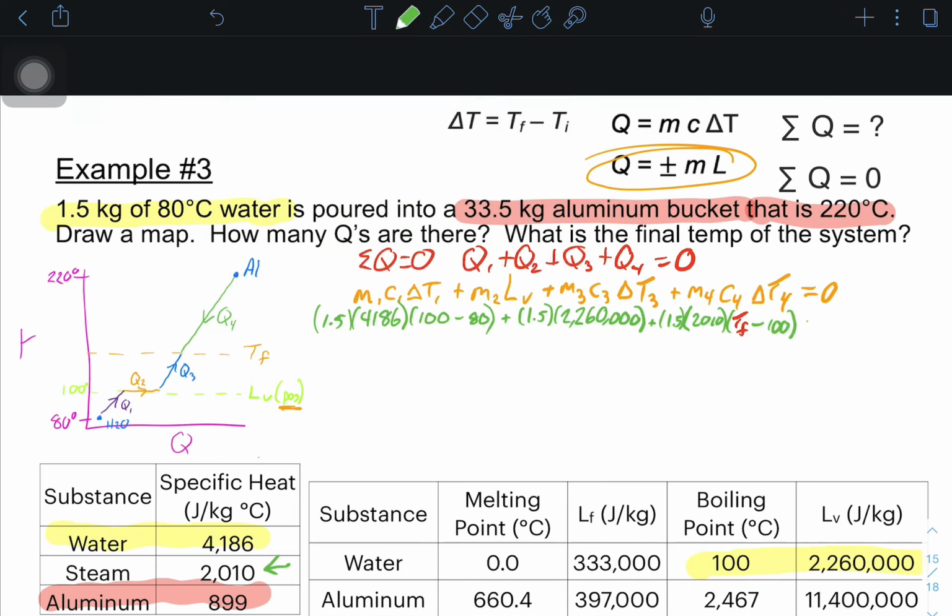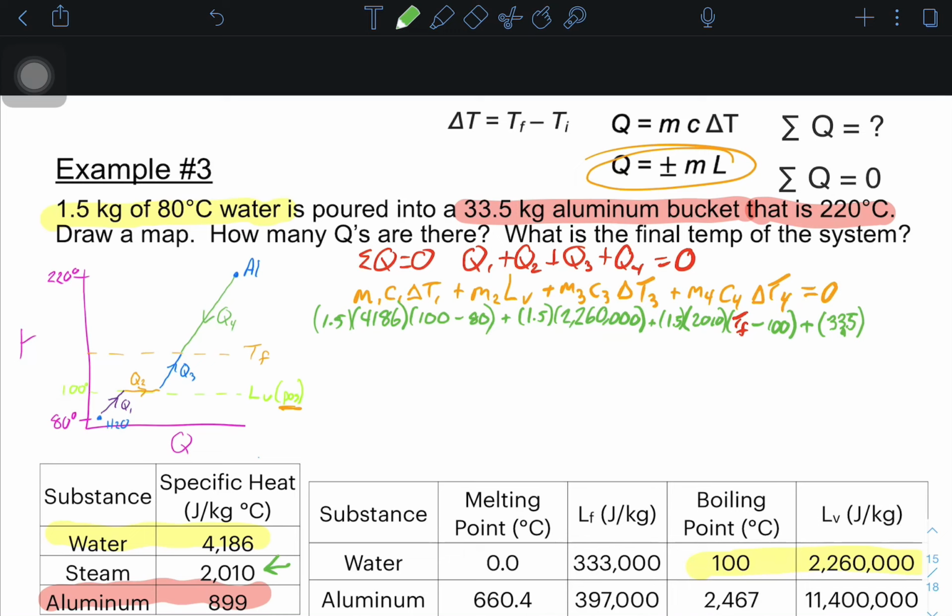My Q4 is now my aluminum block. Now, why is that aluminum so massive? It's so we can actually drive this water all the way through the phase change. It has to be very massive, because it has to have a lot of energy. So 33.5 kilograms, which is like 60 some pounds of aluminum.